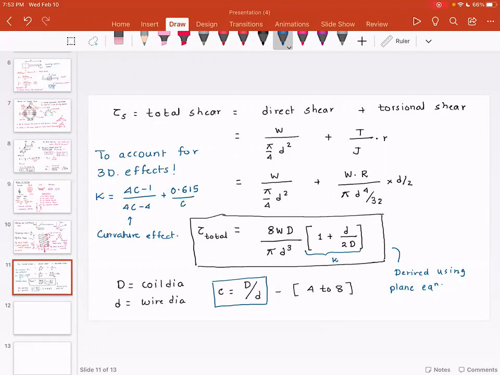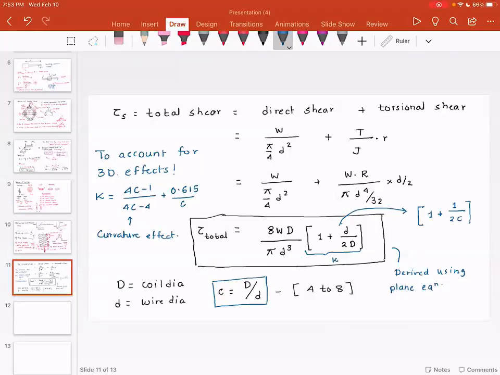And I want you to just do this thought exercise. For a second, look at what this factor currently is. If I write this factor down, it is 1 plus 1 divided by 2c.